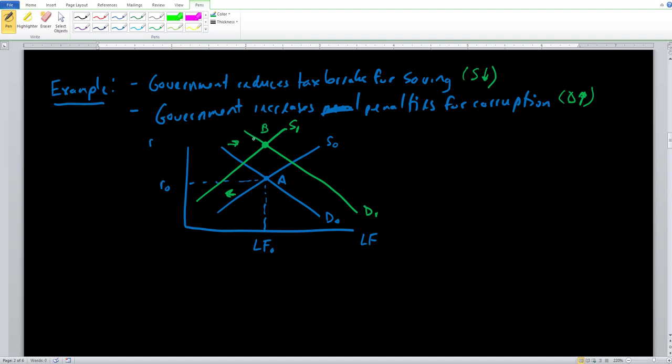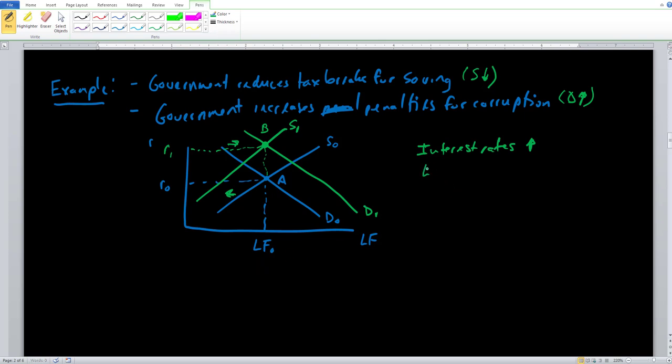And at point B, what do we notice about our equilibrium? Well, we know for sure that interest rates have shot up all the way from R0 to R1. So yes, interest rates are going to increase. So we can put that down. Interest rates for sure are going to increase. But what happens to the quantity of loanable funds? We know that the quantity of loanable funds is exactly the same as our original quantity of loanable funds at LF0 right here.